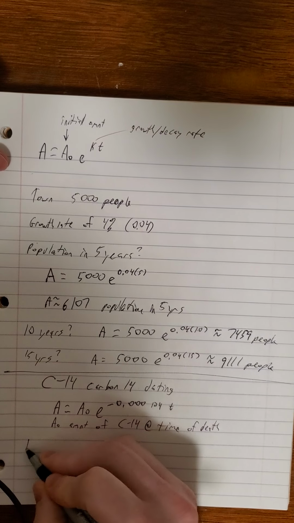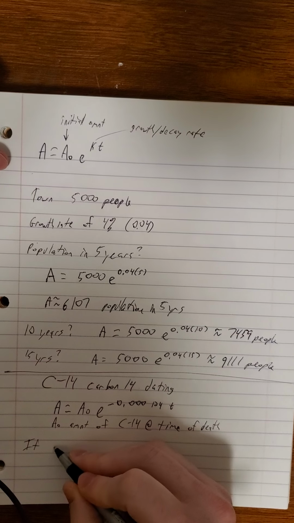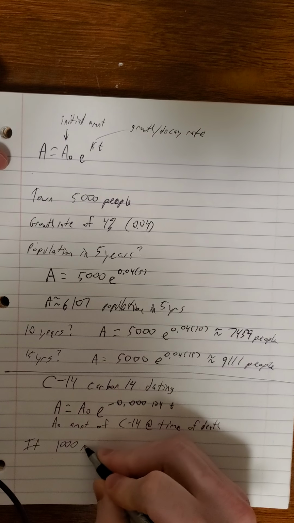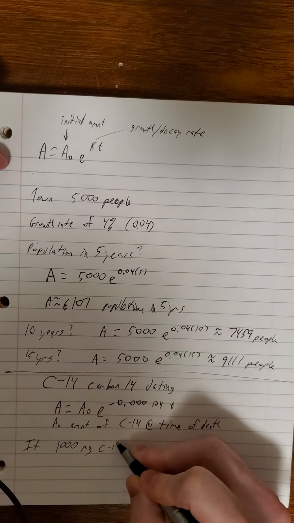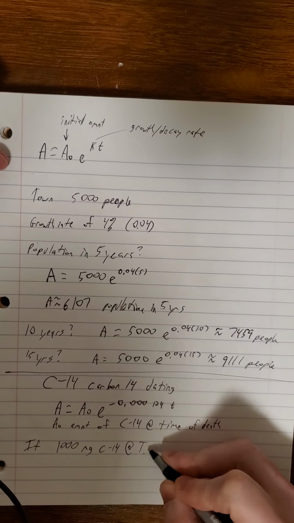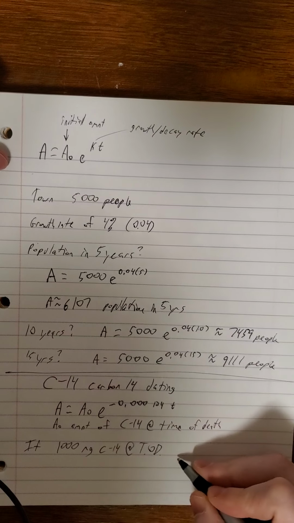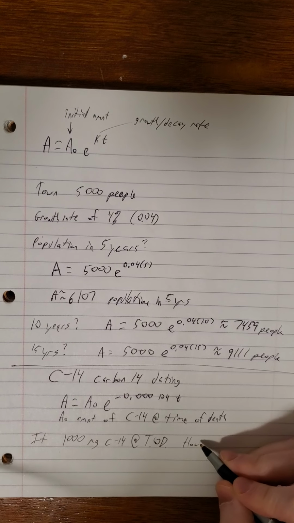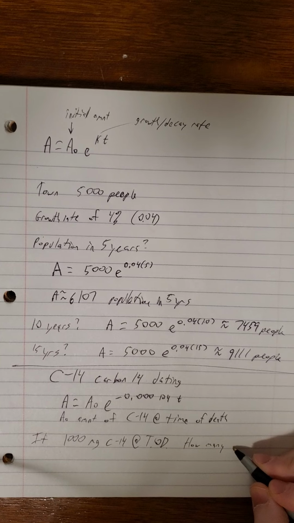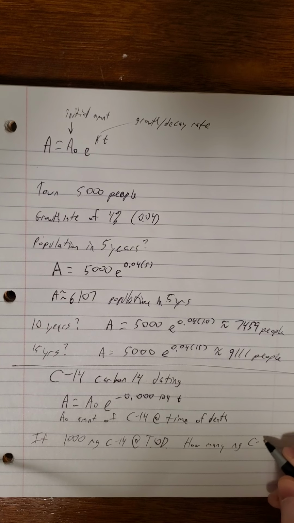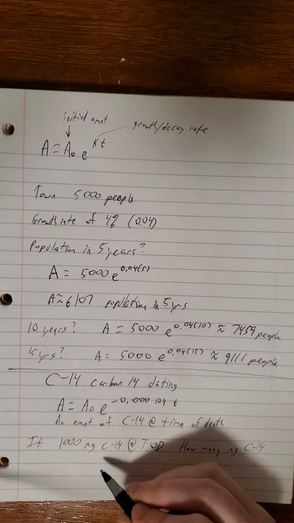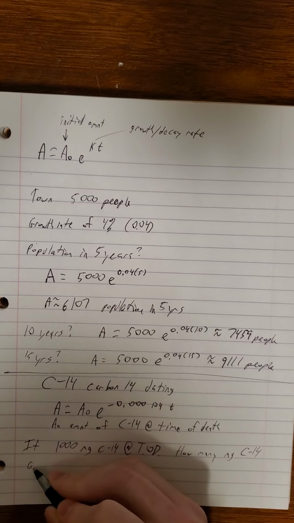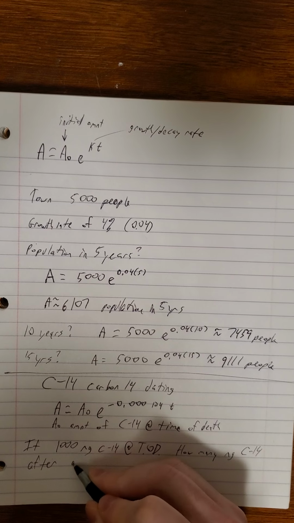So for example, if we had 1,000 milligrams of C14 at time of death, how many milligrams of C14 after, we'll start with a decade.